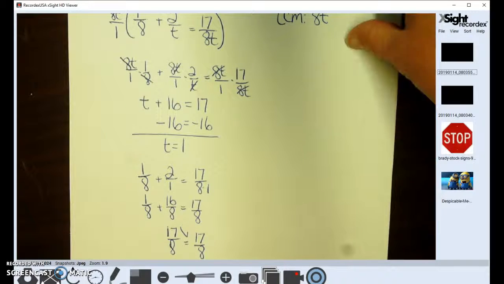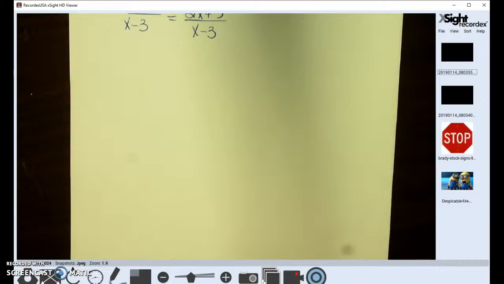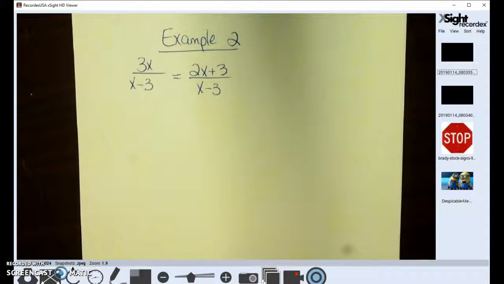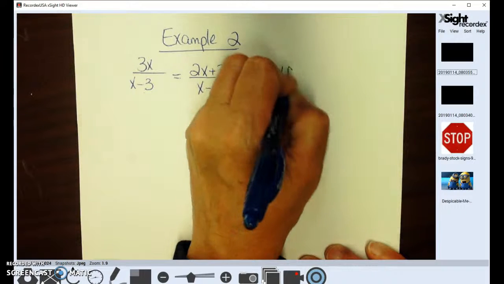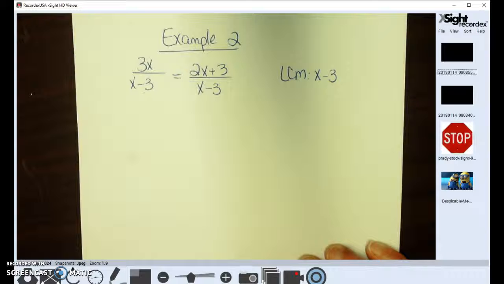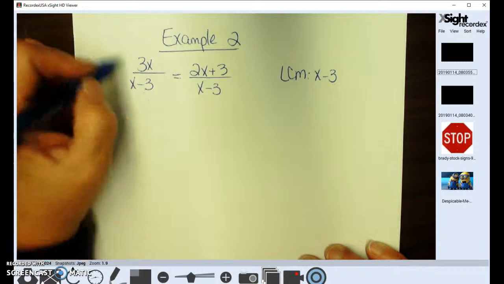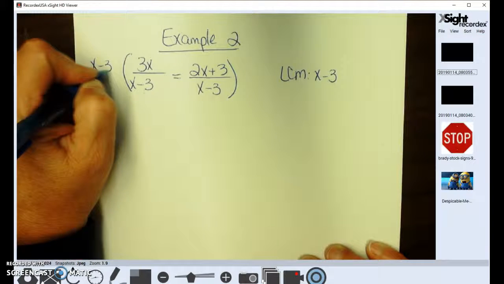Let's go on to example 2. In example 2, I have 3x over x minus 3, and that equals 2x plus 3 over x minus 3. Well, in this case, both of my denominators are the same, so my LCM is going to be x minus 3. So I'm going to multiply this entire equation by x minus 3 over 1.